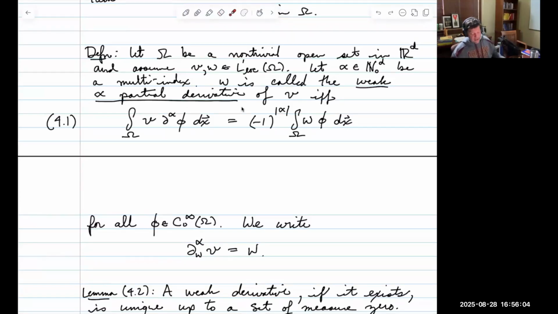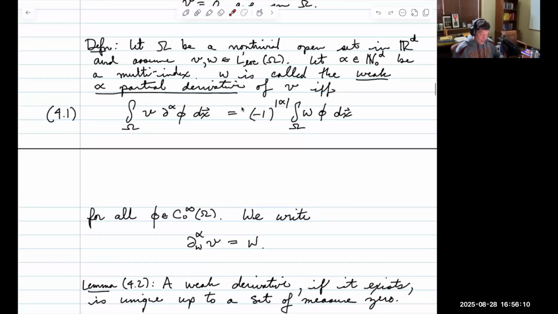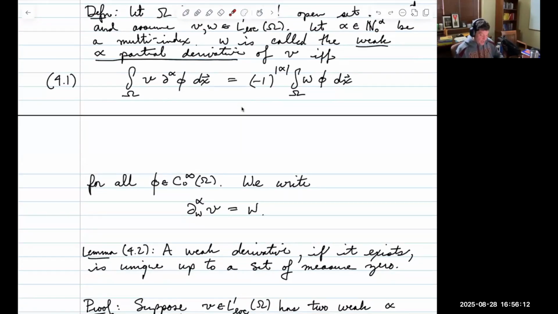It could be much smoother or nicer than that. But I'm going to use the same notation that I would use normally for partial derivatives: partial alpha of v is equal to w, but I'm going to add a little w here, and that w stands for weak. It's the weak partial derivative.